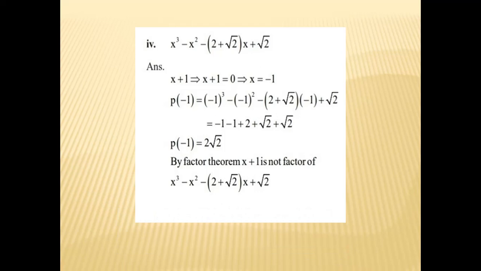Fourth question, x cube minus x square minus 2 plus root 2 into x plus root 2. This is also one of the polynomials. This is taken as P of x.